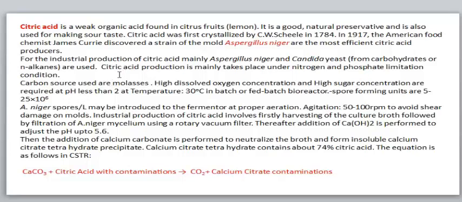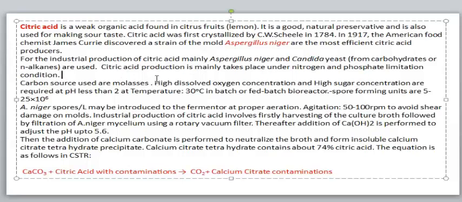Similarly, we prepare the medium using a carbon source such as molasses, oxygen concentration and a nitrogen source. Here, citric acid production takes place under nitrogen and phosphate limited conditions, but for initial growth we add ammonium nitrate or any other nitrogen source in a very small, limited amount, so that growth will start.